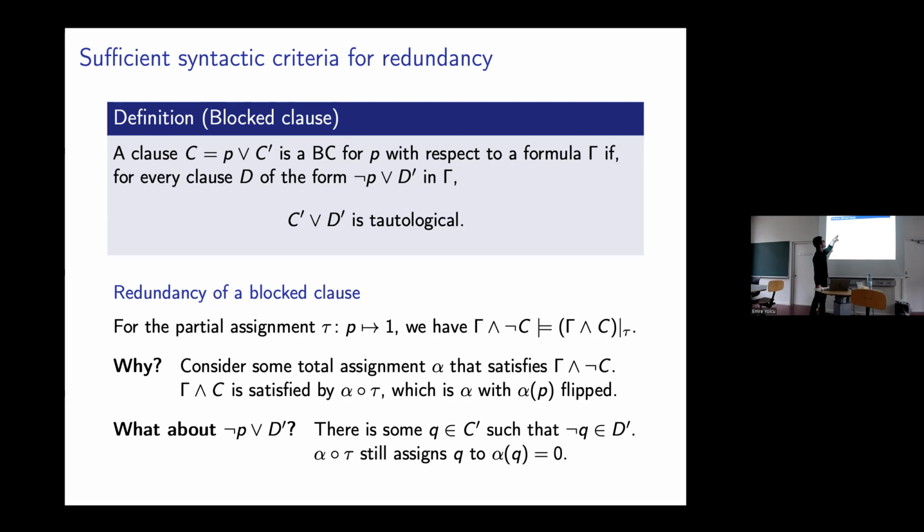But you have this condition that C prime D prime be tautological. And that means that there are two complementary literals in C prime D prime. And since alpha assigns the entirety of C prime to false as well, there must be some literal in D prime, which alpha after this fix still satisfies. Okay.